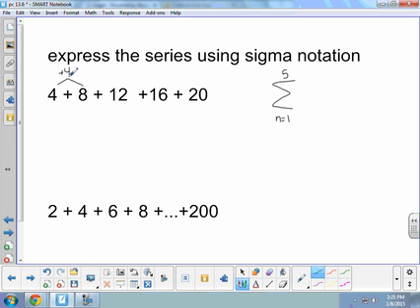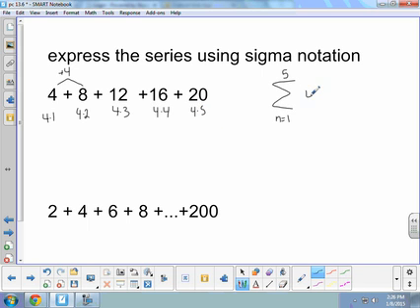A lot of times people notice that it's going up by 4, and then there's a tendency to write n plus 4, but that won't work because 1 plus 4, 2 plus 4, 3 plus 4, 4 plus 4 don't match up with any of these numbers. If I thought of this as 4 times 1, 4 times 2, 4 times 3, it's still going up by 4 each time, but what I'm really doing is multiplying the term's position in the sequence by 4.